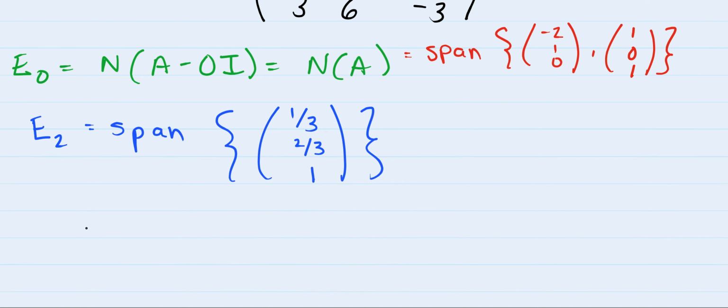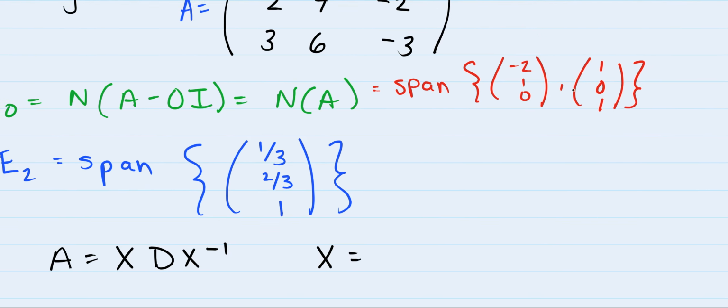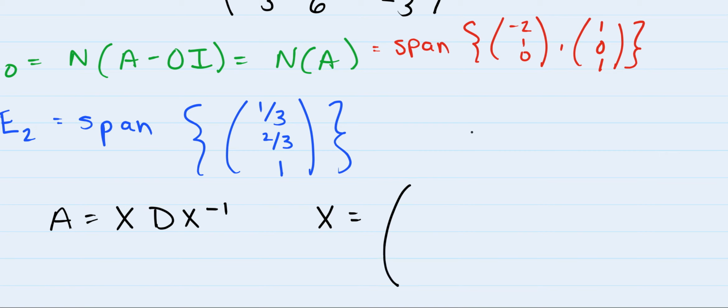Okay, so I like to write it like this. And all we need to do is put these basis vectors: -2, 1, 0, 1, 0, 1. Doesn't matter what order you put them in. In fact, you can mix all of these up.